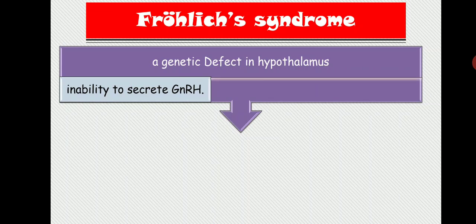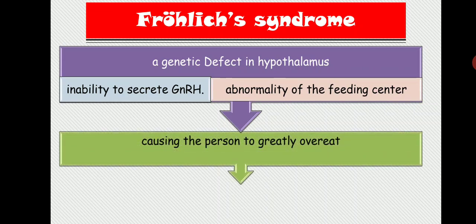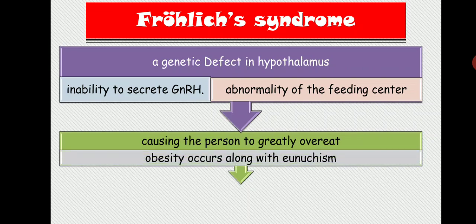There is abnormality of the feeding center as well, causing the person to eat very greatly, so the satiety center will not be stimulated. So obesity will appear along with the eunuchism, right?